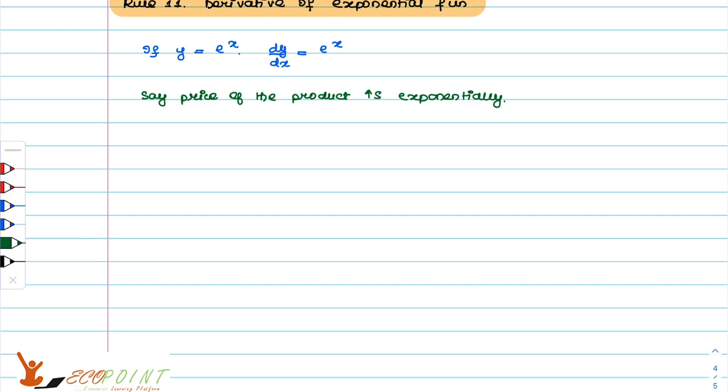And say G is the rate of growth in the price.